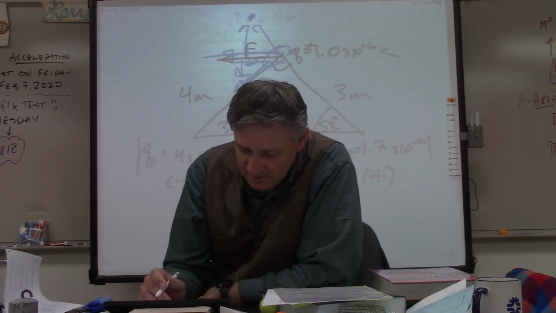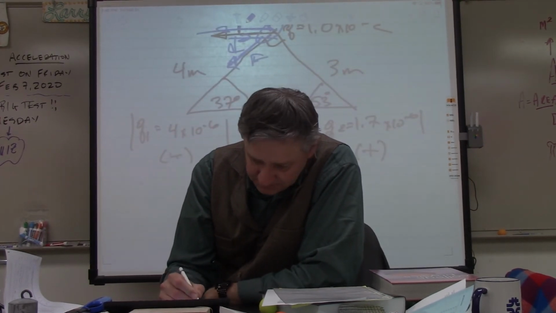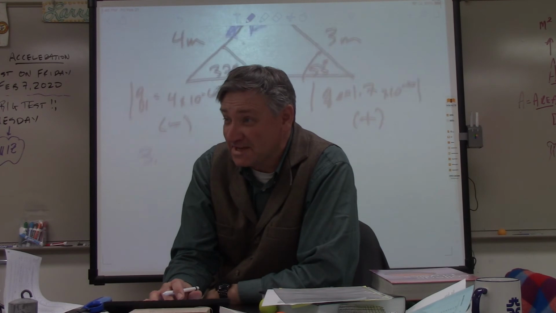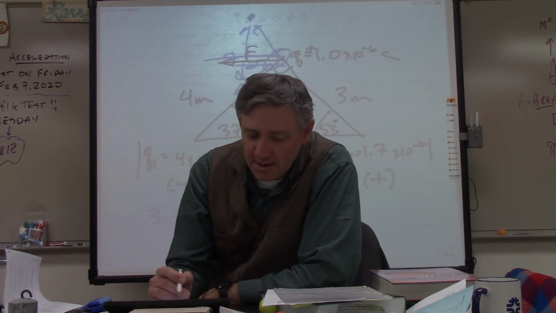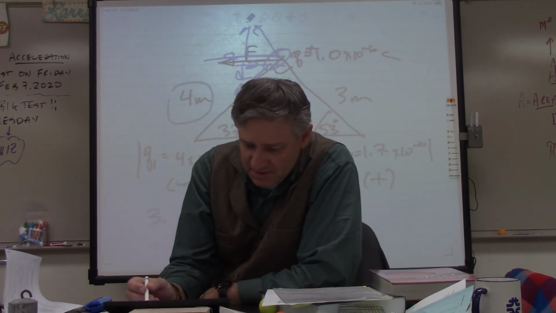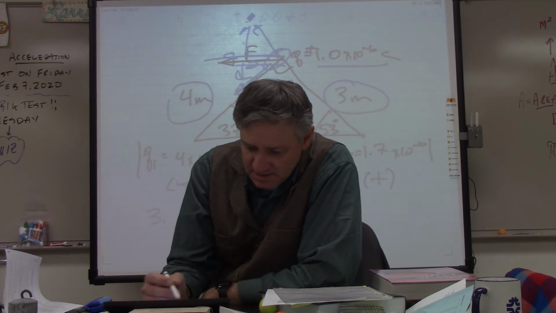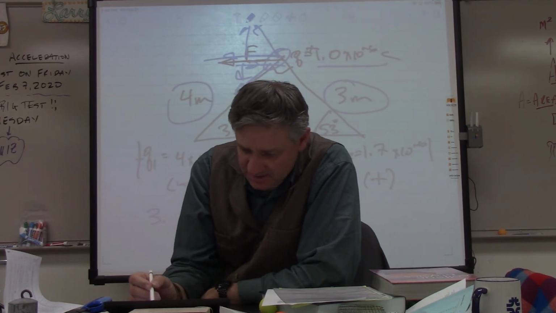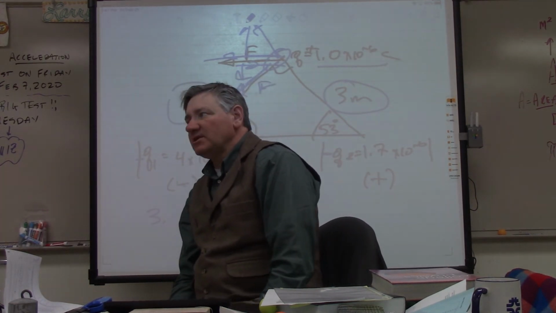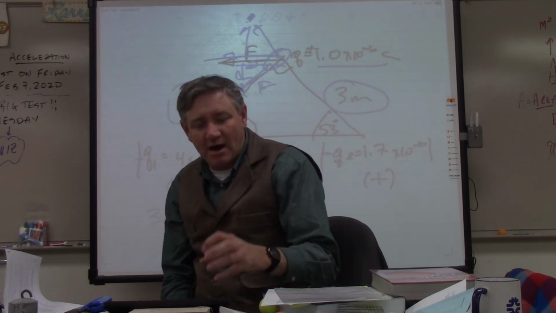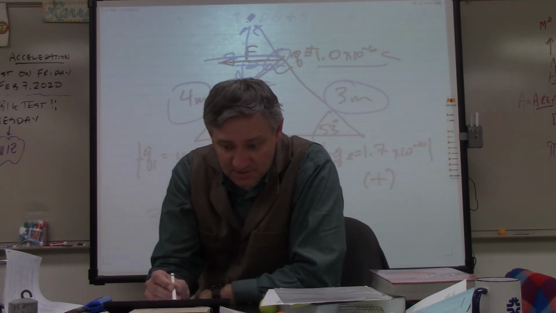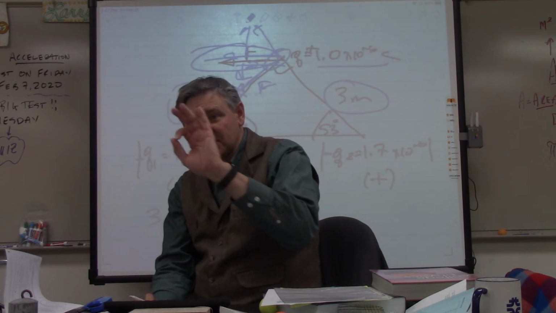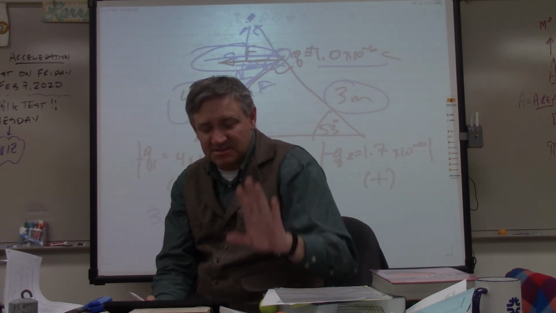Now, here's the next thing. If you had the actual drawing, this is 4 meters and this is 3 meters. Here's this charge, this is negative, it's positive. The next thing you want to find is the actual value of this force. We're going to stop that camera in just a second.